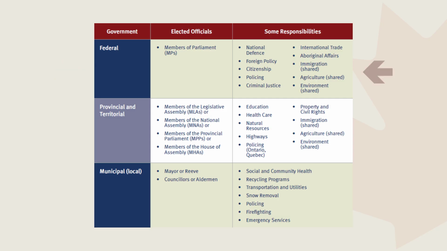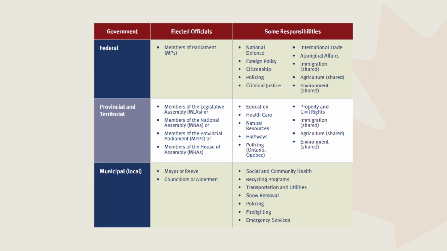The federal government is responsible for national defense, foreign policy, citizenship, some policing, criminal justice, international trade, and Aboriginal affairs, and that is now called Indigenous and Northern Affairs. The federal government shares responsibility with provincial governments for immigration, agriculture, and the environment.